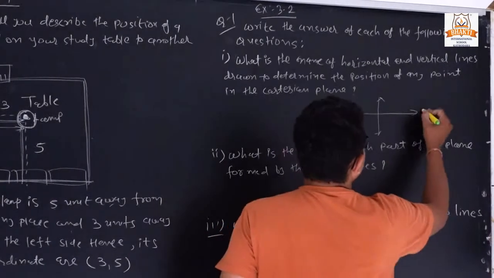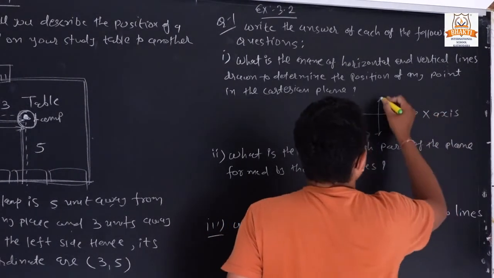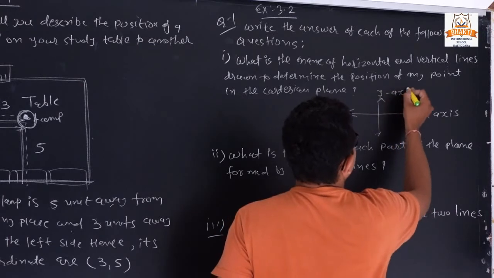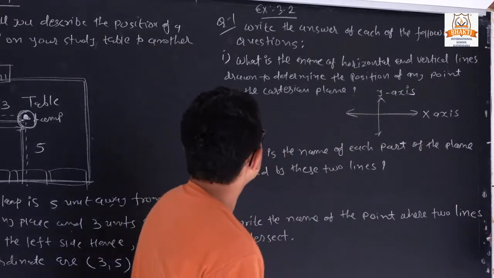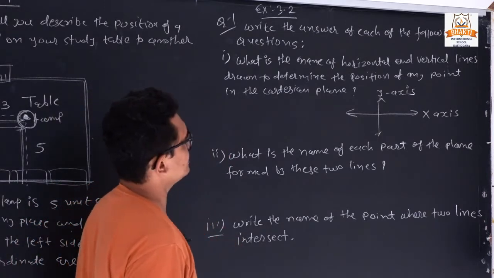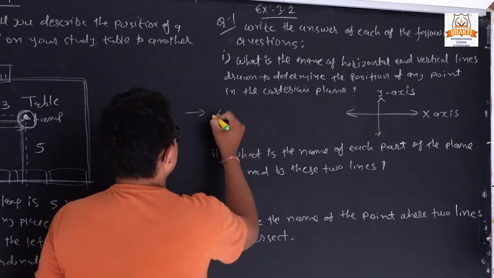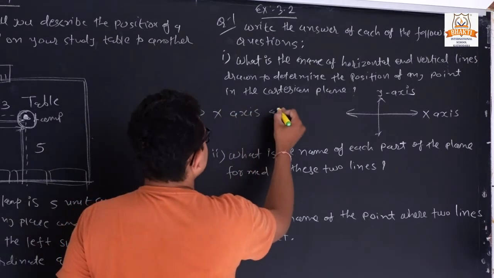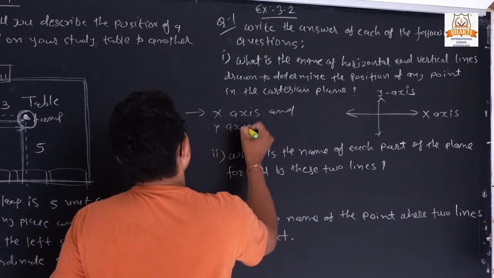The horizontal line is known as the x axis and the vertical line is known as the y axis. Clear? So the answer is x axis and y axis.